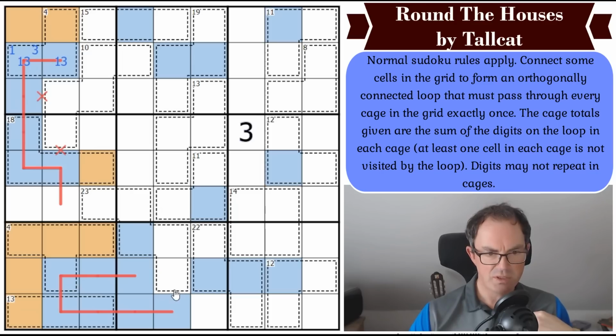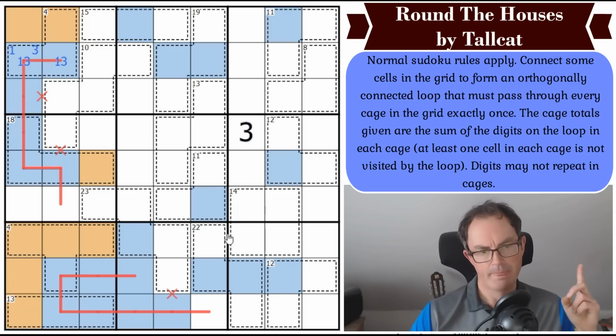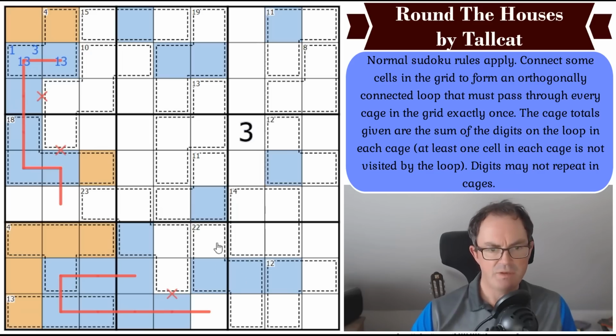So we can put an X on this boundary. We have to continue, and then we're going to go into the 22 cage, aren't we, as the next loop segment from this cell here, which needs to turn blue.